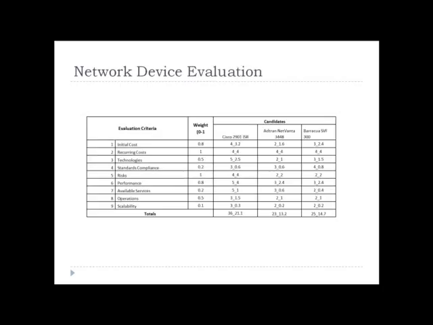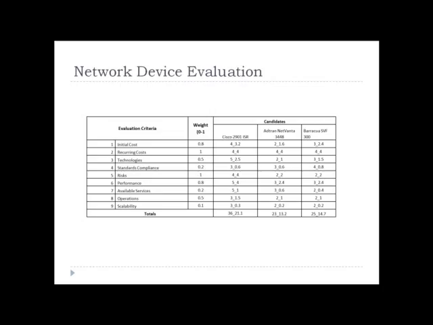For our value, we compared several different devices that we could use within the network. And this is sort of our rating system and how they weight. You can see that we have 9 different evaluation criteria, and their weight within our minds as to how we chose the different devices. You can see recurring costs and risks being some of the most important things.